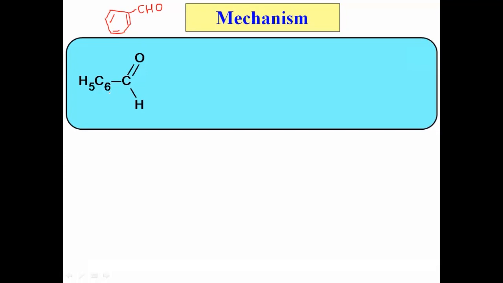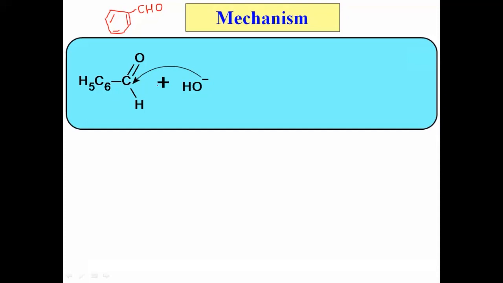We are using alkali, meaning we are using KOH or NaOH. Now what happens in the first step: OH minus ion, that is the nucleophile, attacks the carbonyl carbon. It forms a bond with that carbonyl carbon. There is a formation of a new bond between this carbon and OH.